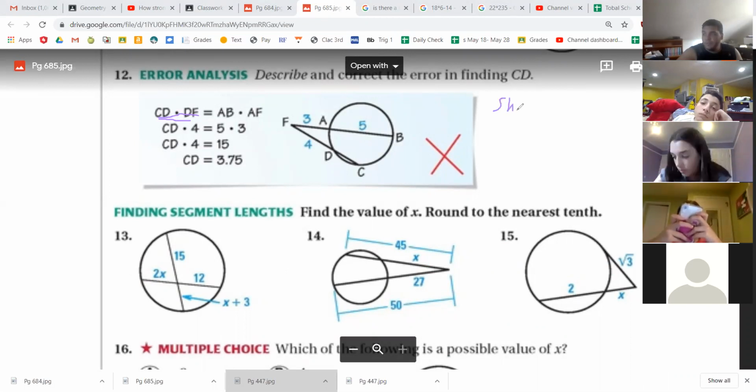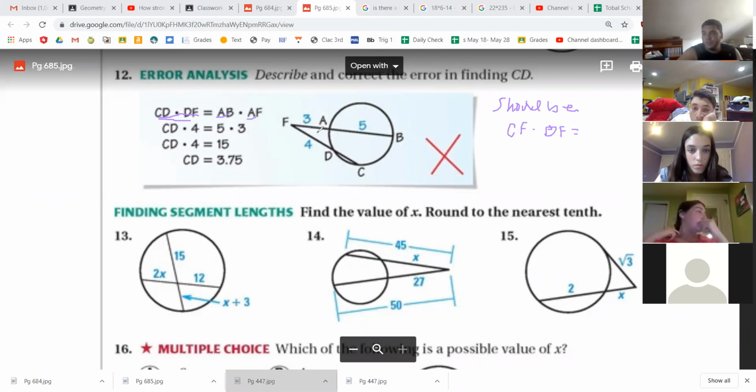So it should be CF times DF, or DF times CF, doesn't matter what order you put it. Equals, and I assume they made the same error here. Yep. So it should also equal AF times FB, or BF. Doesn't matter if you put AF first or FB first. But the error is they took piece by piece. They should be piece by whole.